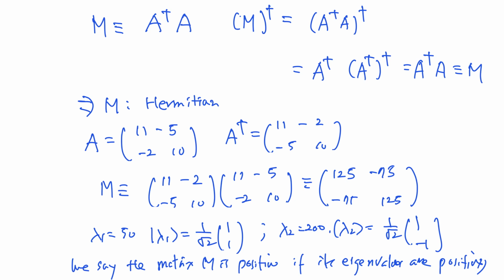So a positive matrix is important. A positive Hermitian matrix is important because you can calculate the square root of M.